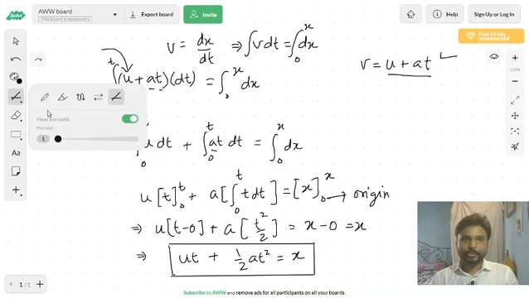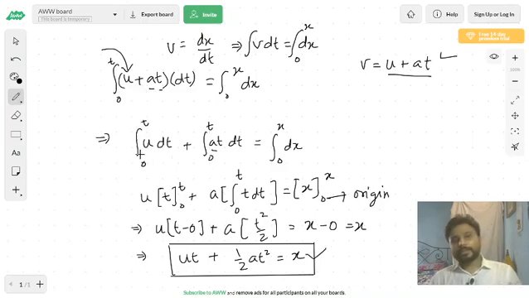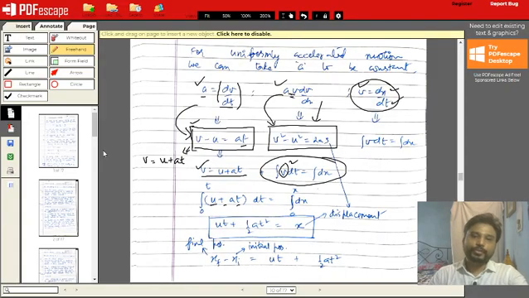So this is our derivation for the equation of motion.